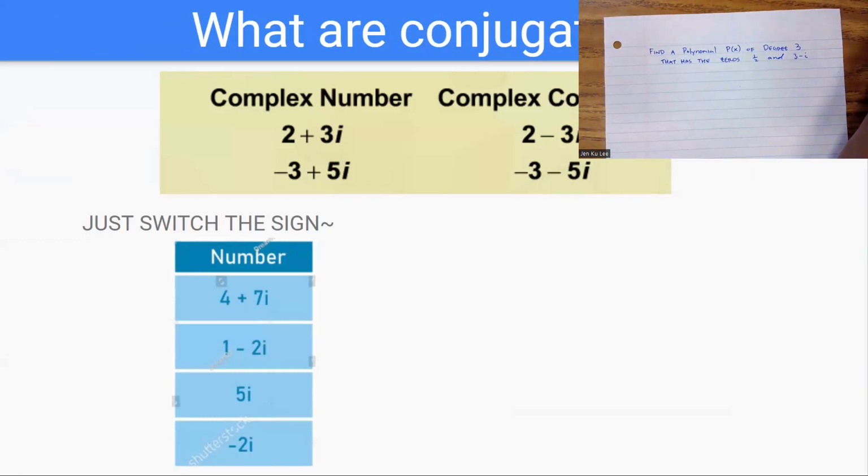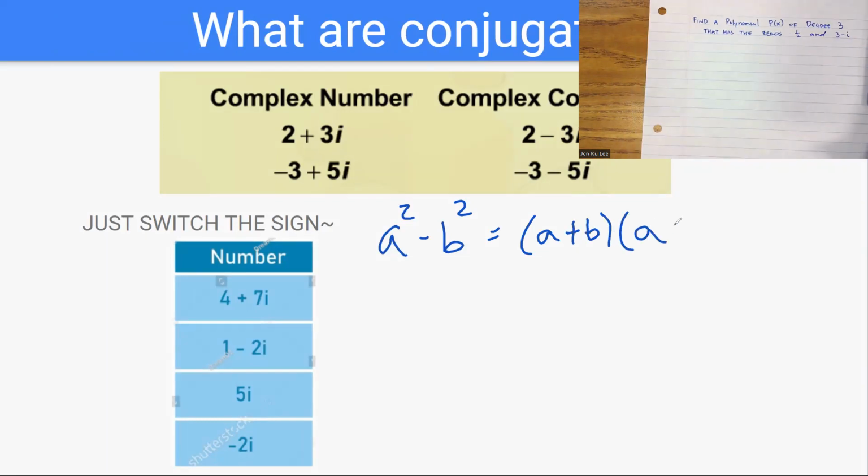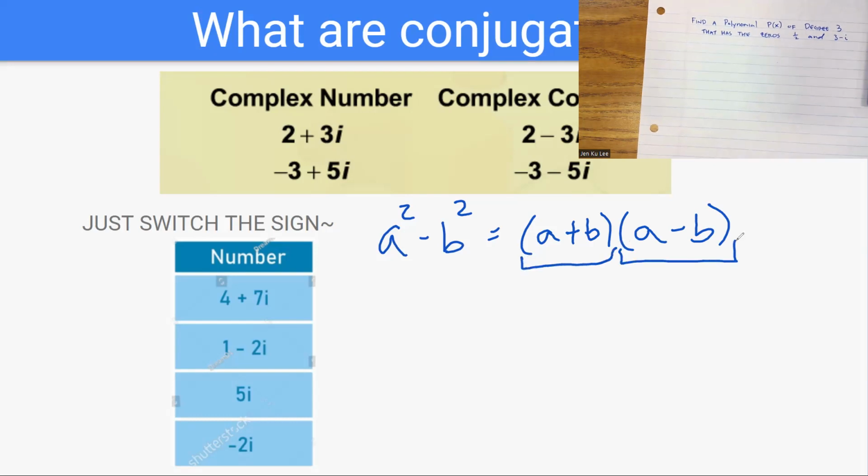The way that I remember it is, remember how a squared minus b squared broke out to be a plus b times a minus b, right? These guys are going to be conjugates. So they're just the opposite of what you're given.